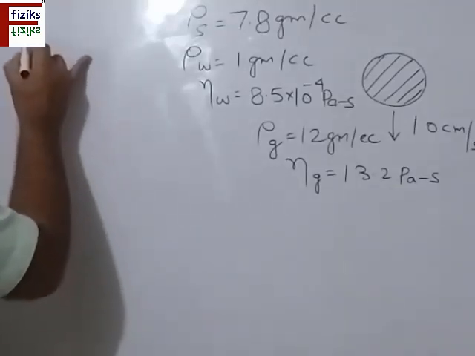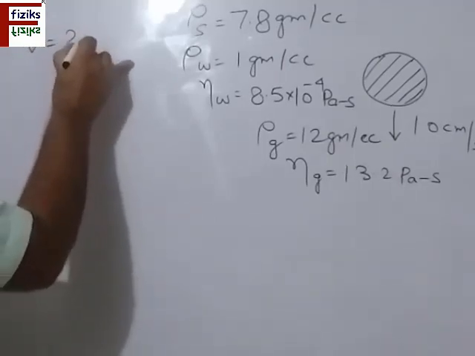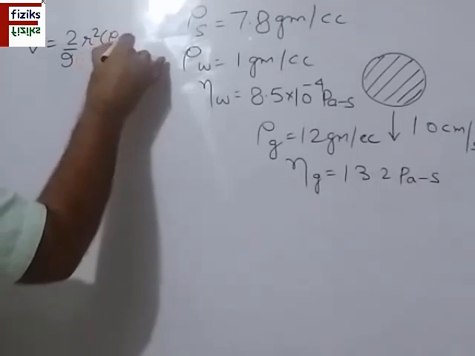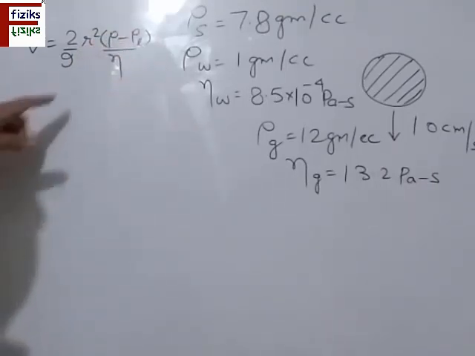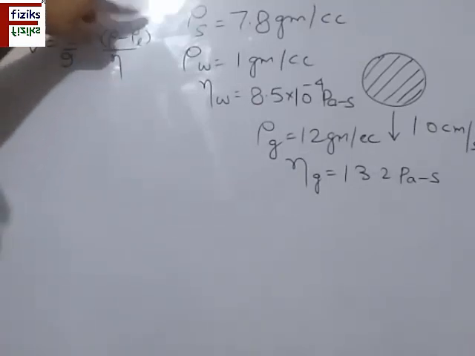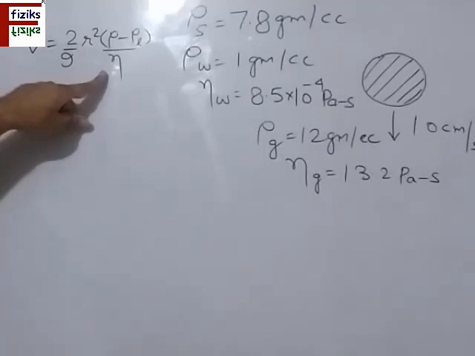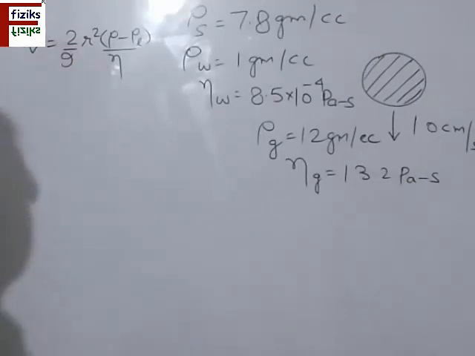Now terminal velocity, we know that V is 2 by 9 r square (rho minus rho L) g by eta. So it depends upon the difference of densities, density of solid minus density of liquid, and is inversely proportional to the coefficient of viscosity. And we have the same ball, so radius remains same.